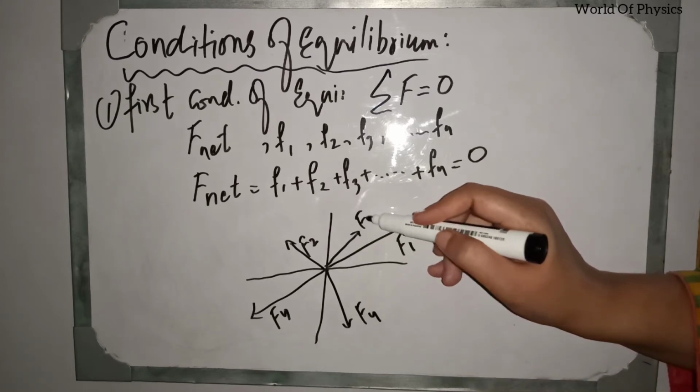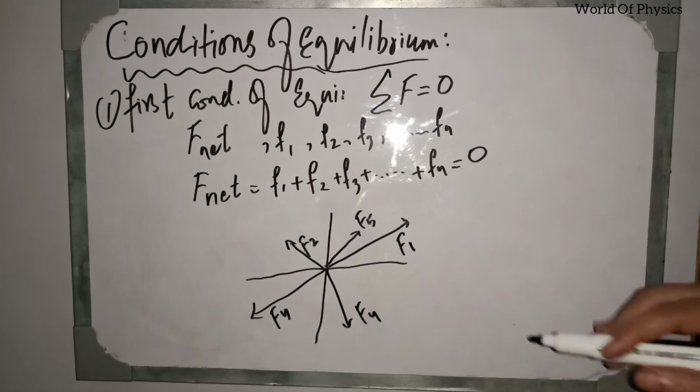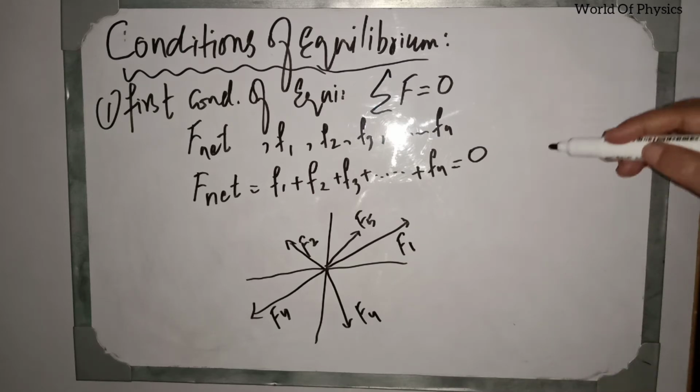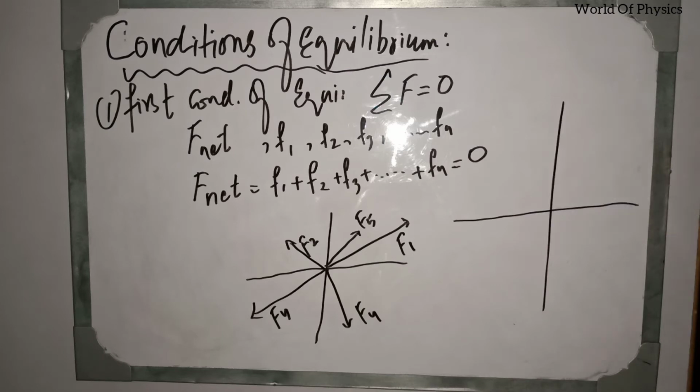This is F5. We have to add all these forces by the head to tail rule, and we have to find their resultant. Okay, now I am going to add all these forces.